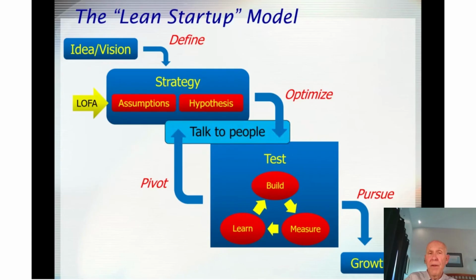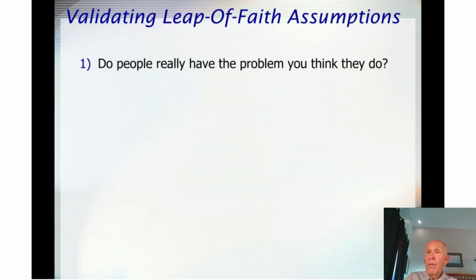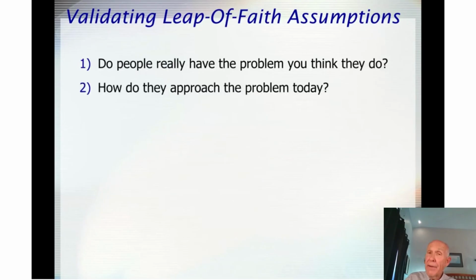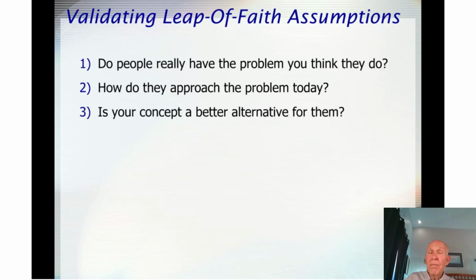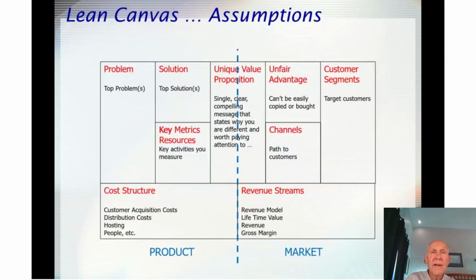You talk to people, okay? And the people that you talk to, potential customers, do they really have the problem that you think they do? How do they approach that problem today? Is your idea perhaps better? And this is in itself a process concept called ideation, which I'm not going to talk about today, but it's part of my course.